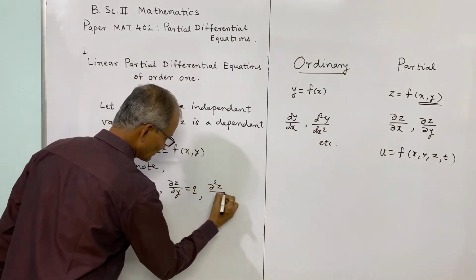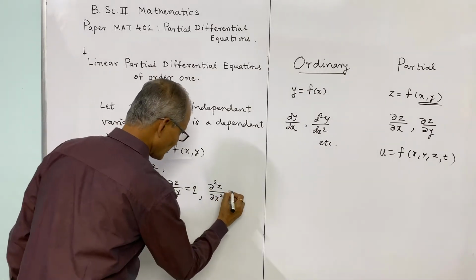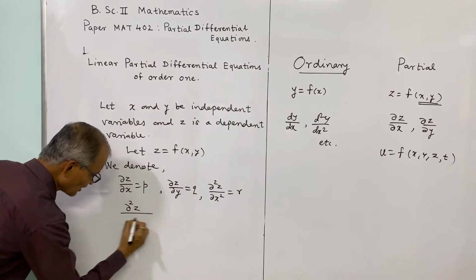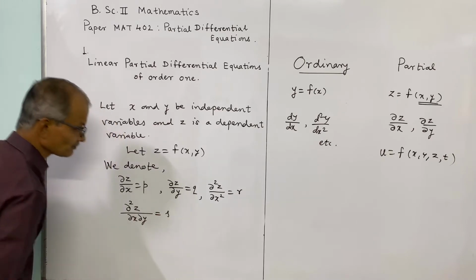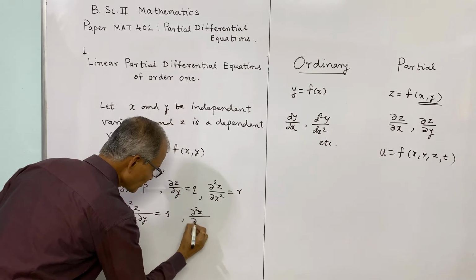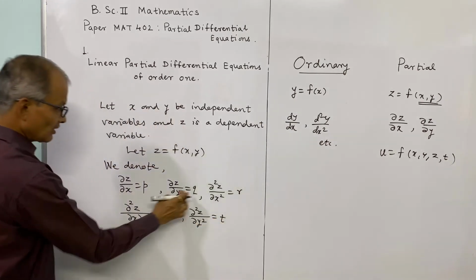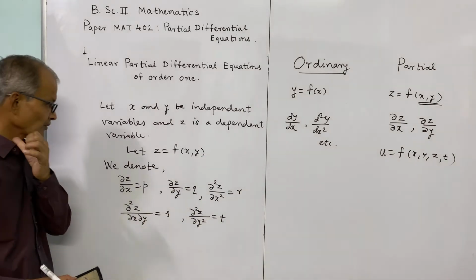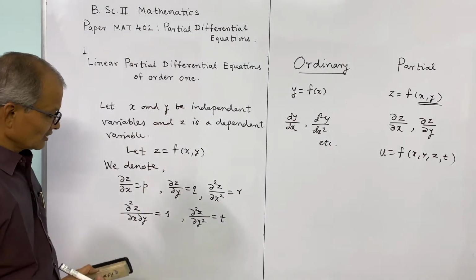Second order partial derivative of z with respect to x as r, and the mixed second order partial derivative of z with respect to x and y as s, and second order partial derivative of z with respect to y as t. p, q, r, s, t is the short notation for denoting partial derivatives. So we shall use this notation.